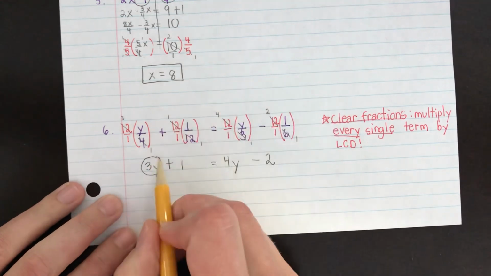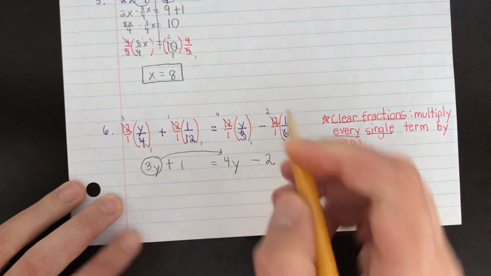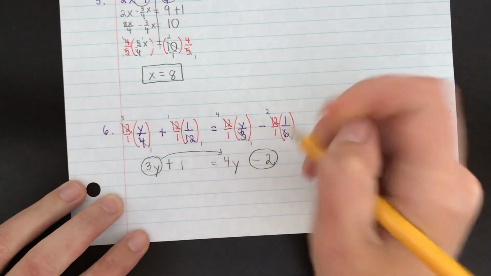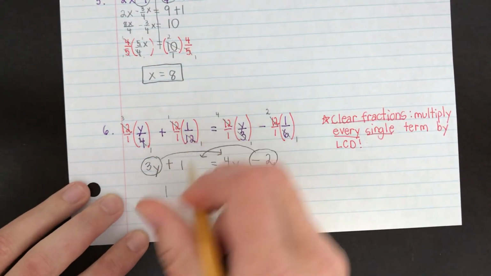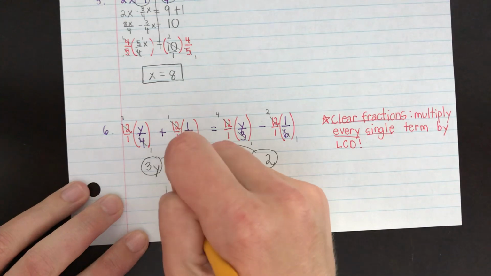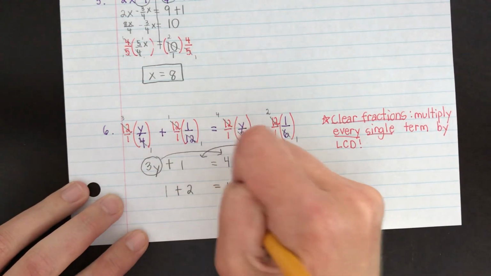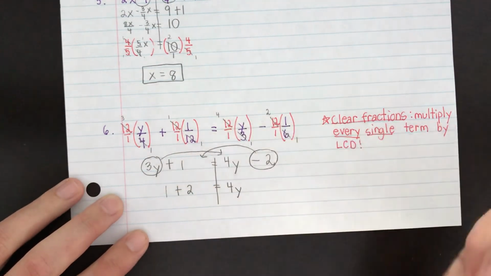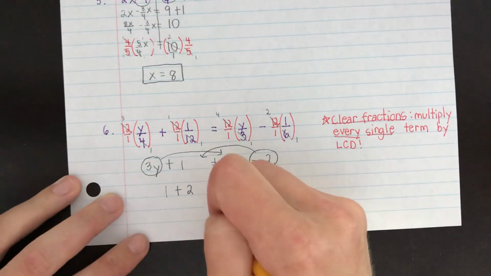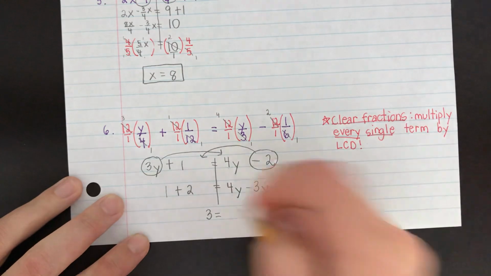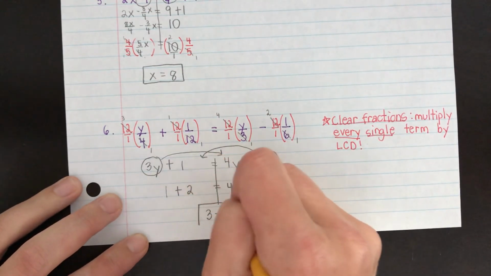So I'll get my variable on the right, which means my constants need to go on the left. Okay, so the 1 will stay, the negative 2 will become positive 2, the 4y will stay, and the 3y will become negative 3y. So then when I combine, I get 3 equals y, and that's okay if you leave it like that for me.